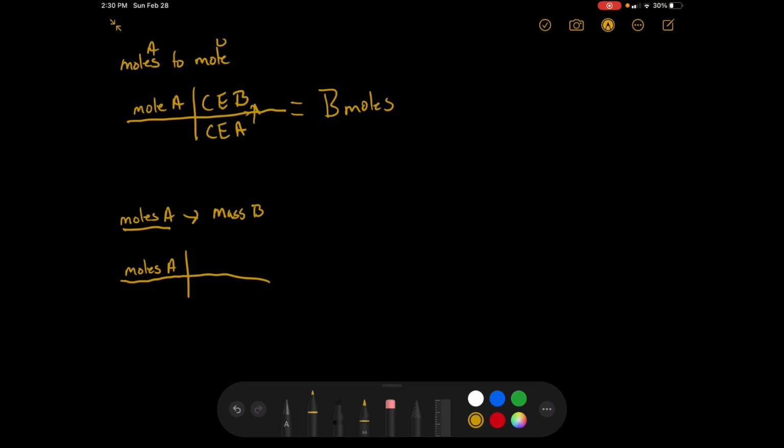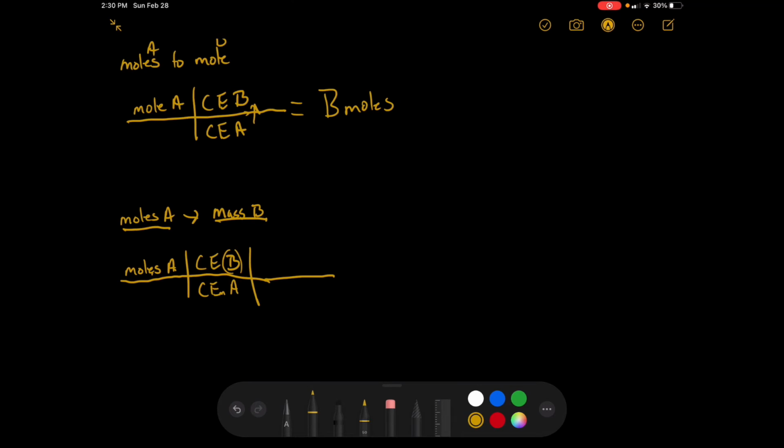We know that if we start with moles, we don't have to do that first mass step, so we just jump straight to our coefficient. So we're going to put coefficient A, because A is on the top, moles are on the top, so coefficient is always going to stand for moles. And then you do coefficient B, because that's where we're headed, mass, but we're still not done because these are still moles, coefficient B. Now you drop down.